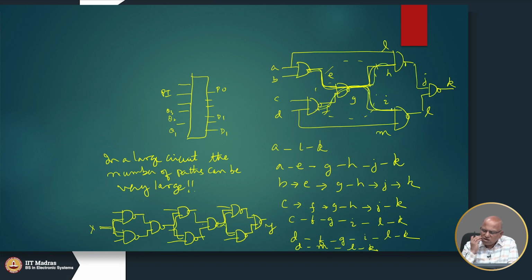There are 4 paths right there. So that is why the number of paths tends to increase. The conclusion that we can draw is that path delay fault testing is a big challenge.